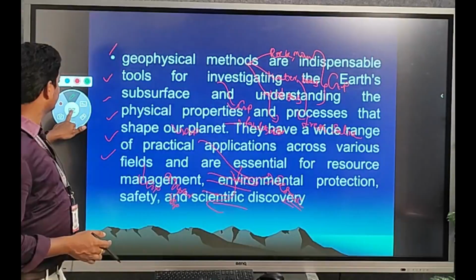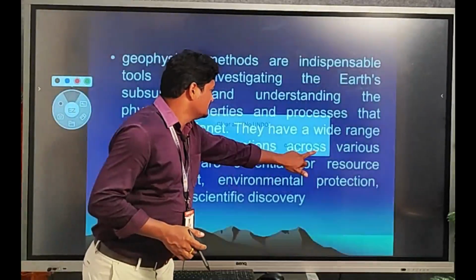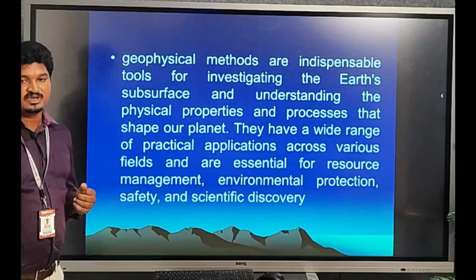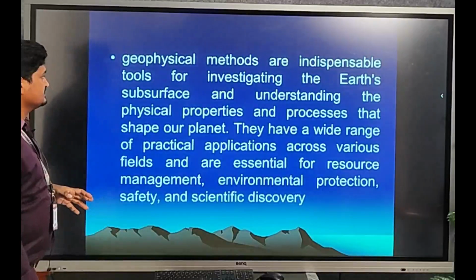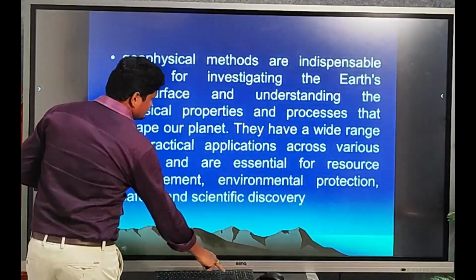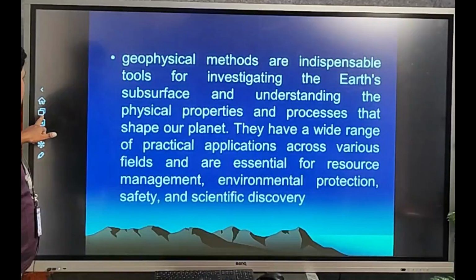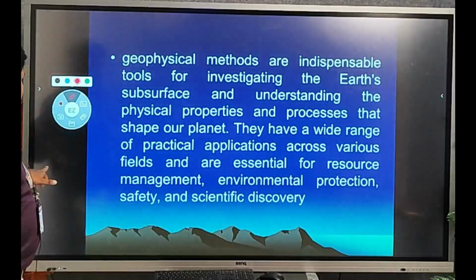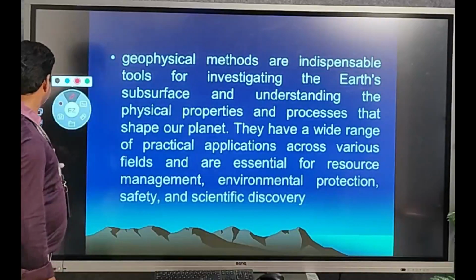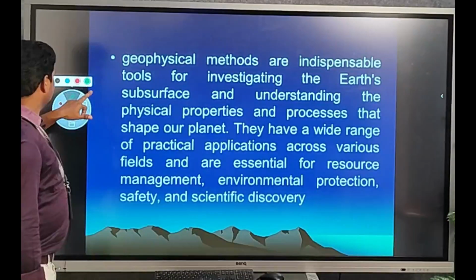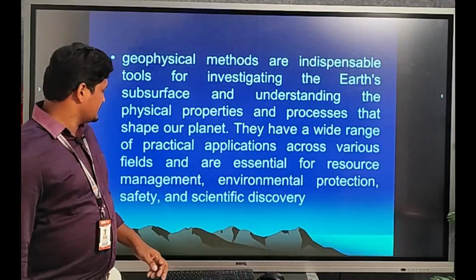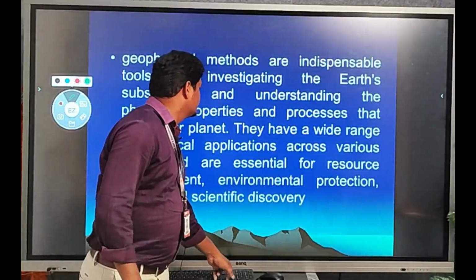So those applications involve vast investigations conducted on the earth surface and earth subsurface. Vast understanding of conditions will be identified in those areas.